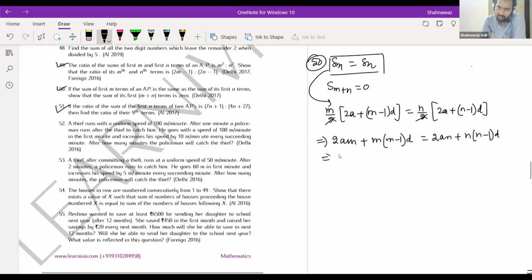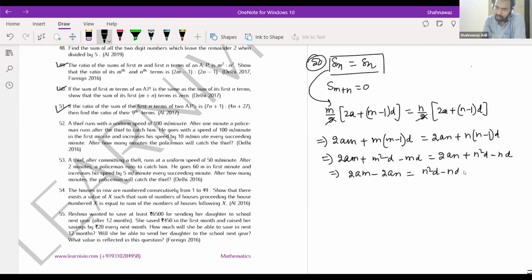And then what do we have? So 2am is m square d minus md, and this is 2an plus n square d minus nd. Right. So what do we have? We have 2am and 2an, so 2am minus 2an, and then we have n square d minus nd minus m square d plus md.